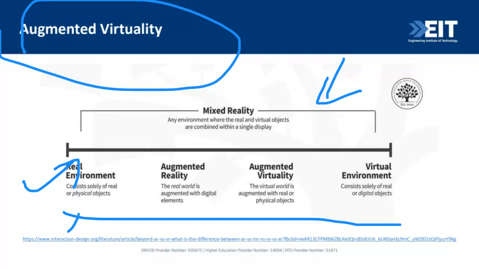So you have the real environment, where you are interacting in your physical world. You have the virtual environment, where you are completely in a virtual setup, in an artificial environment. You have augmented reality, where you are putting a digital layer on top of that physical world, and augmented virtuality falls in the middle of it, where the virtual world is augmented with real or physical objects, meaning that both the physical and the virtual objects can interact with each other.